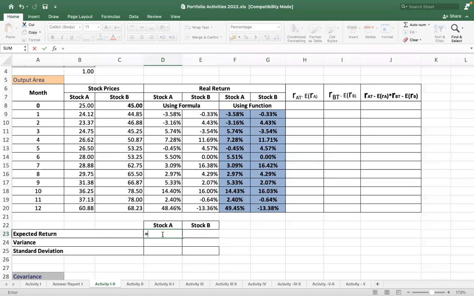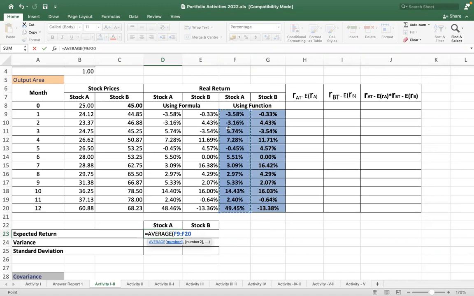If you are doing it manually, how do we calculate it? It's a mean value, no? Average value. So we can calculate the average of these stock returns. You can do this using a formula or using a function.